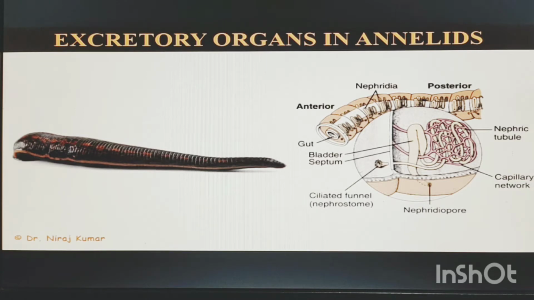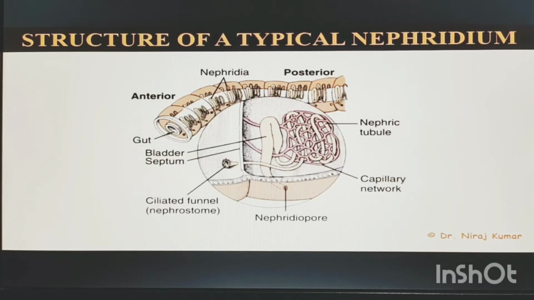Next topic is the structure of a typical nephridium. Nephridium is a tube-like structure having a nephrostome or a funnel which hangs into the coelom. This is the nephrostome. It leads to the nephridial duct, which may be long or short, coiled or modified.